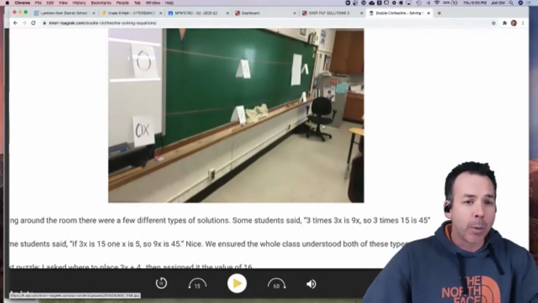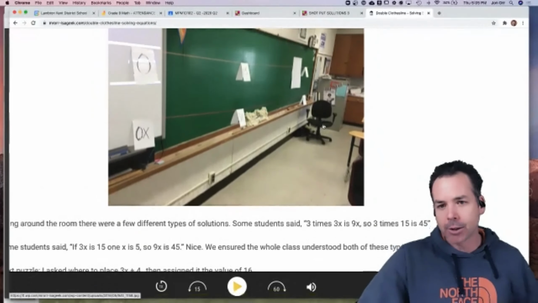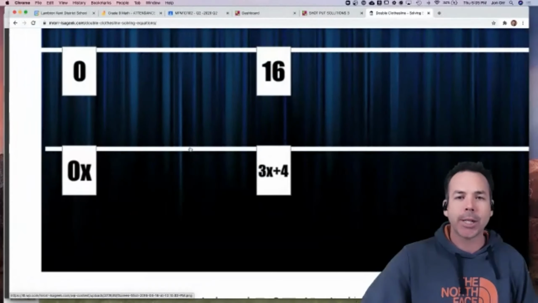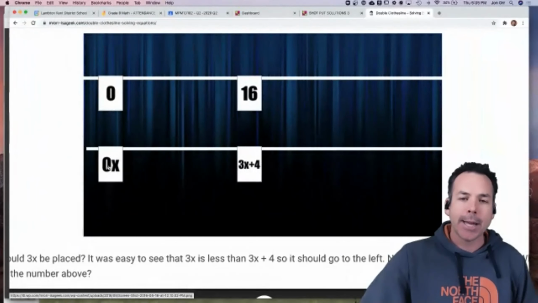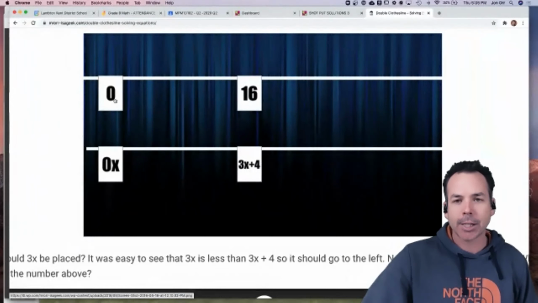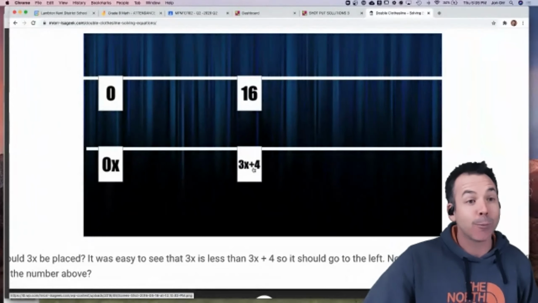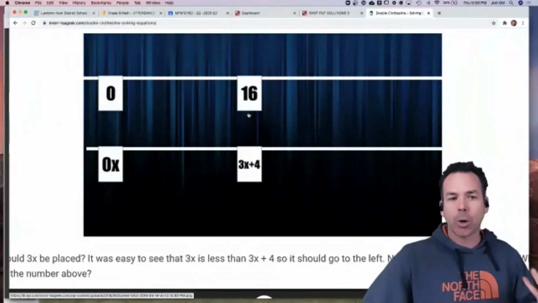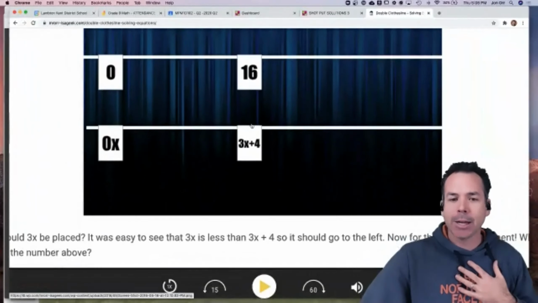We just do it with the actual strings across the room. Kids are placing them in the right spot. Then what you could do is something like what we just did. If I've got 0 sticks, clearly that's 0 length, but if I had 3 sticks plus 4 more, and I know that's a total length of 16, then it's clear.